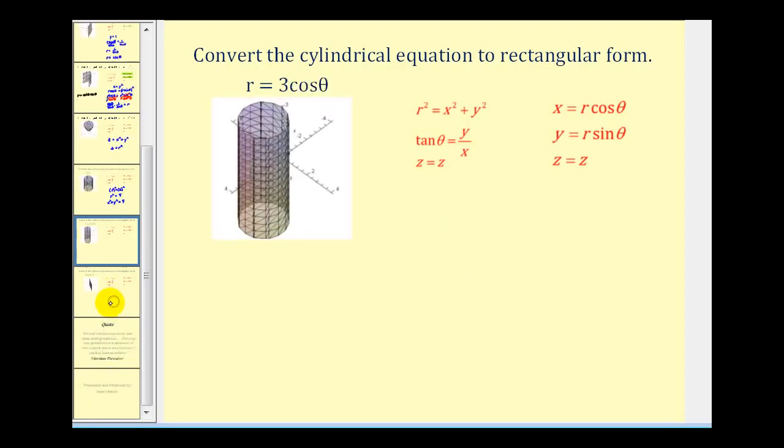Let's go ahead and try another. Here we have r equals 3 cosine theta. Again, we want to eliminate the r and the theta by using these equations here. As in the previous example, if we had an r squared here, that would be helpful, but instead of squaring both sides of the equation, this time we'll multiply both sides by r.